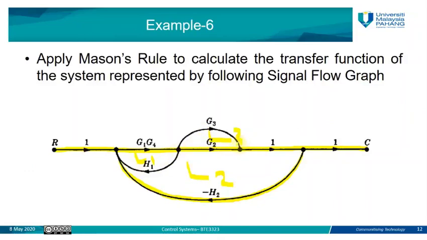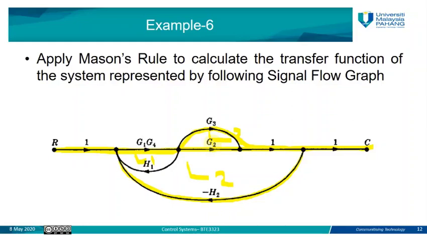For delta 2, which is related to forward path number 2, the forward path starts from R, goes to this point, goes through G3, and then to the output. So forward path number 2, which is P2, also touches loop number 1, loop number 2, and loop number 3.